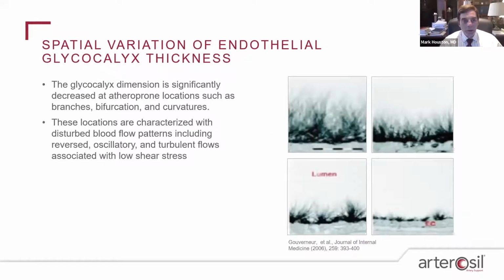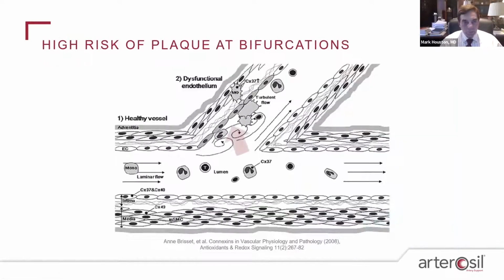endothelium. The endothelial glycocalyx will vary in its thickness depending on the size of the artery. And it's particularly damaged at bifurcations, which is, as you know, where most of atherosclerosis actually begins. So this is just a schematic of the high risk of plaque at these bifurcations.